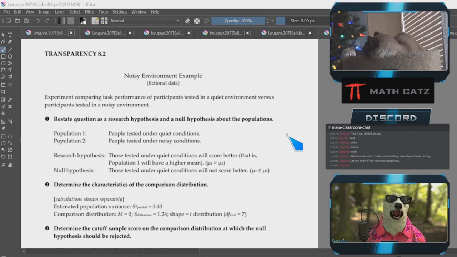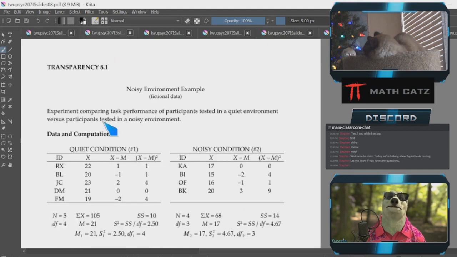We might have two separate groups of people, like this first example. So we are comparing the performance of participants tested in a quiet area versus a noisy area. Not the same people, two different groups of people.